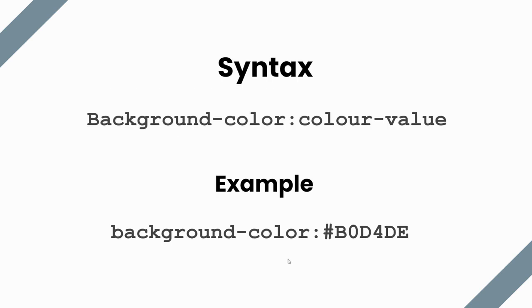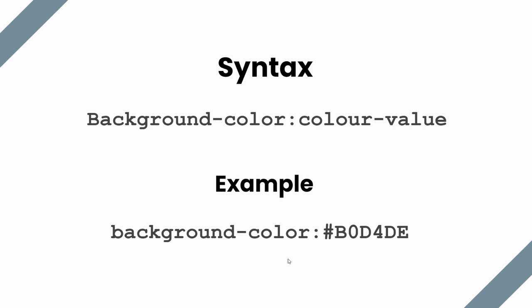Yeah, so we have the syntax of the background color, which starts with background followed by a dash, then color, and then you have to assign it a color value. Now, the reason why I didn't have a particular color here was because I wanted you to know that the background color syntax can actually be assigned any type of color value.